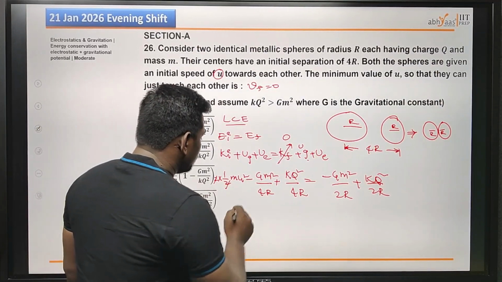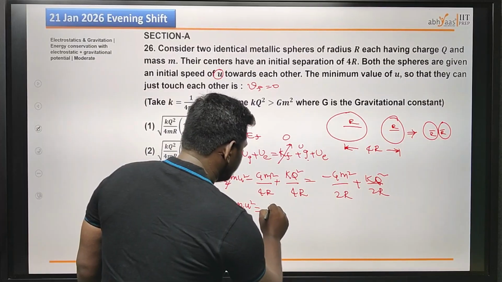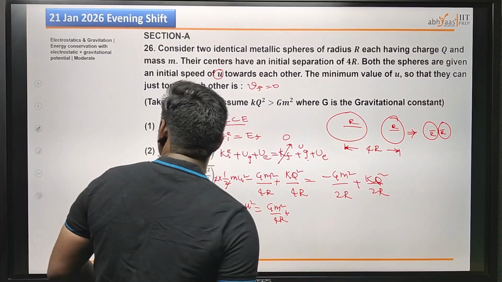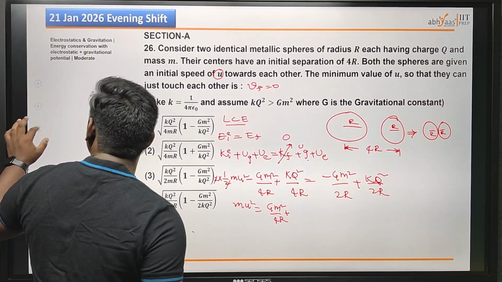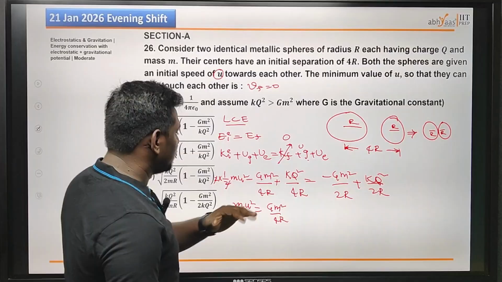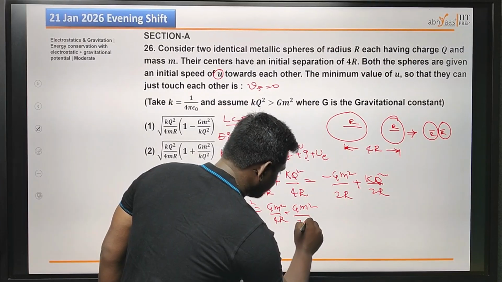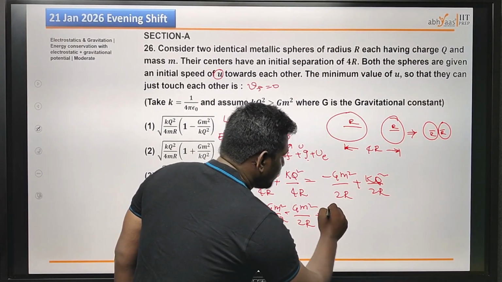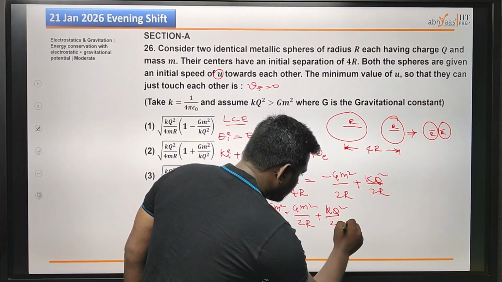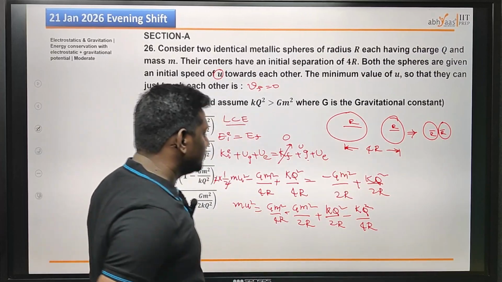So if we cancel these two and rearrange the things, m u square equals G m square by 4r minus this term G m square by 2r, plus k q square by 2r minus k q square by 4r. These are the terms.